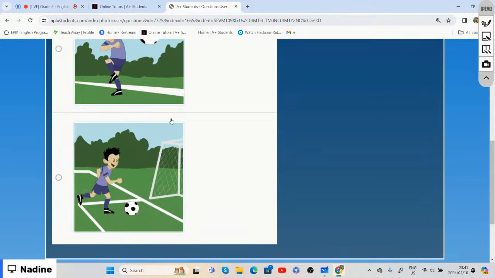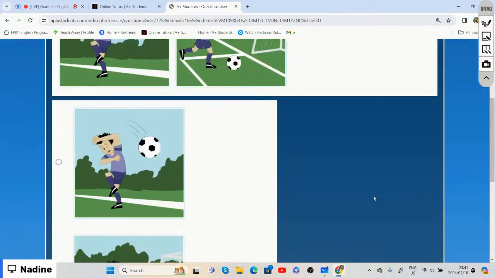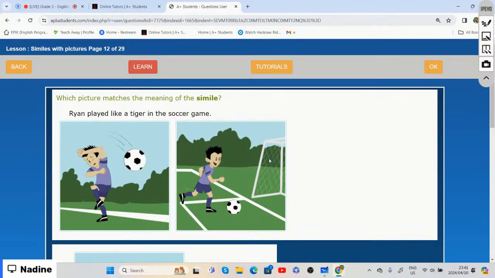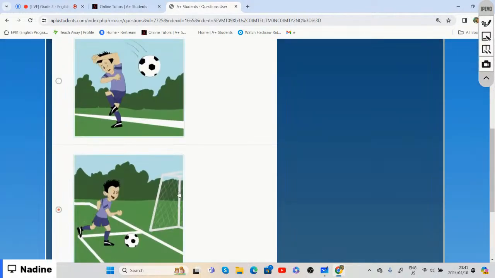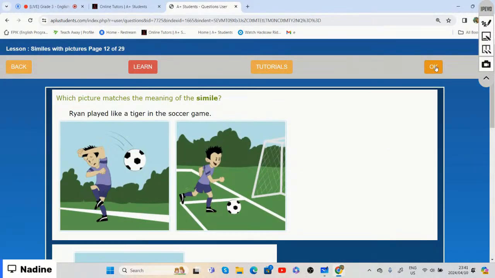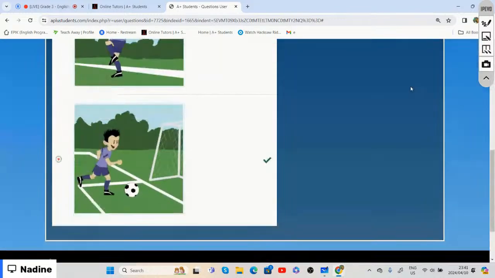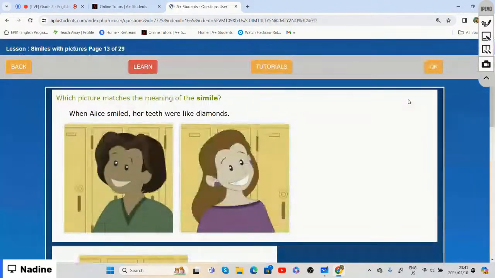If we choose the correct one, we will choose the second option, because if we compare him to playing like a tiger, we can't add the first one for being scared. So the second one is correct.